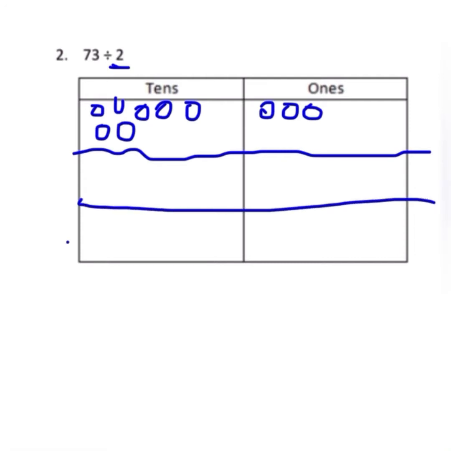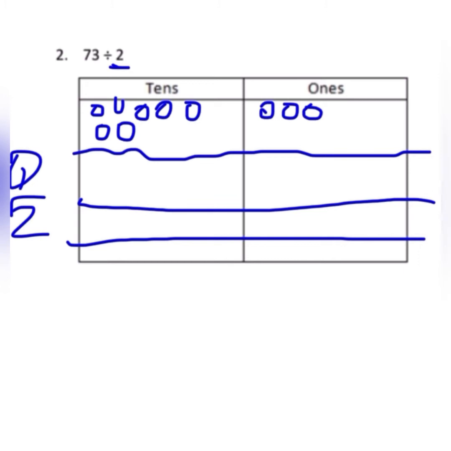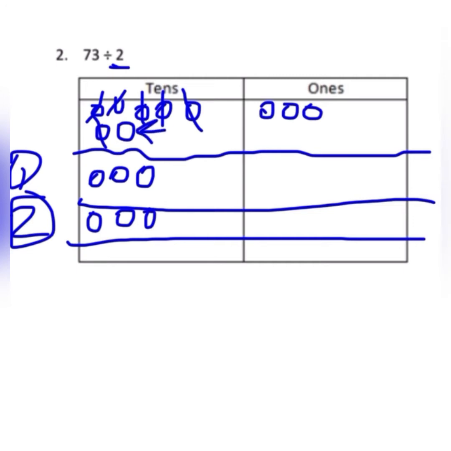I like to number our lines because it helps us stay organized. Now, we need to distribute our dots starting with the tens place onto our 2 lines until we can't split them evenly anymore. 1, 2, let me cross them out as we go. 3, 4, 5, 6, and I see that I have 1 dot left over.